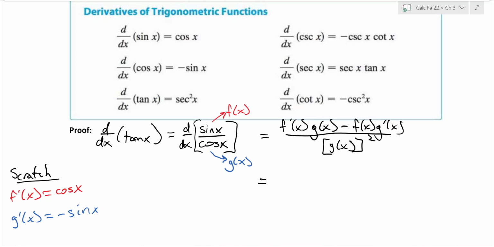So f prime is cosine x, g of x is also cosine x, minus f of x is sine x, and g prime of x is a minus sine x, all over g of x, which would be cosine x quantity squared.